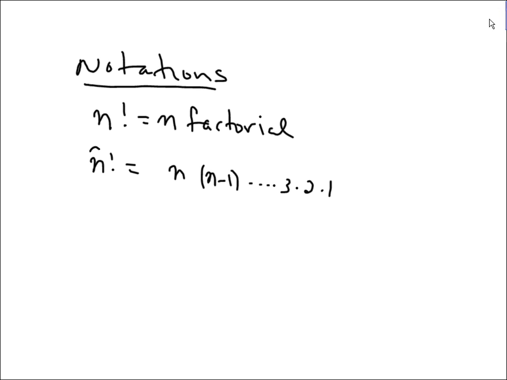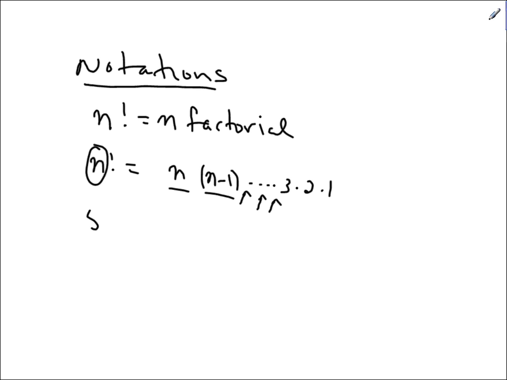It's the product of that number all the way down to 1: n times the number before it, times the number before it, all the way down to 3 times 2 times 1.